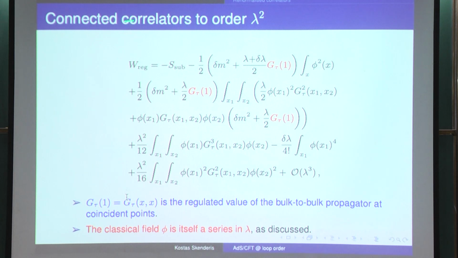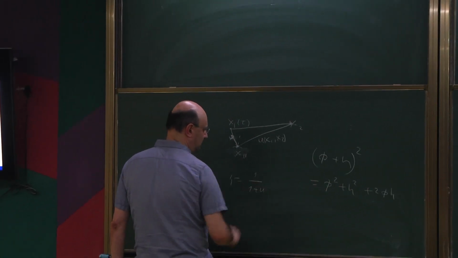Now I want to connect the graphs, so I took the log. Then I will have the subtracted action, which also appeared at tree level, and here all of these terms that contribute to the correlators. Here I have already indicated that the action is definitely UV divergent. You recall that G depends on psi, and psi was 1 plus u.